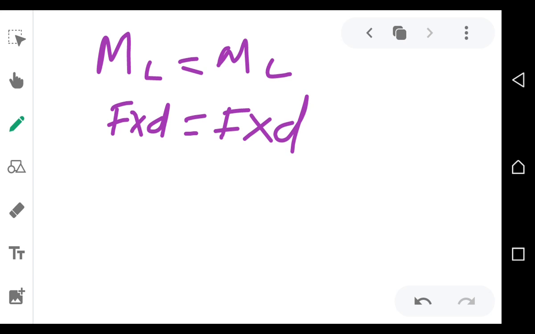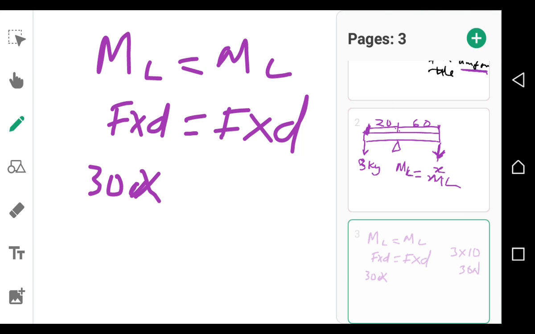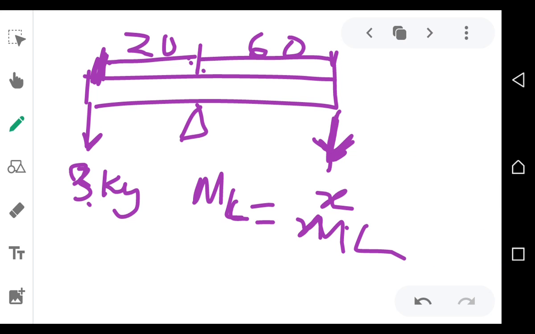What is the force? We are given 3 kgs. To convert 3 kgs to force, you multiply 3 kgs times acceleration due to gravity, which is 10, which will be 30 newtons. So here it's 3 times 10, times the distance from there to there, which is 20.